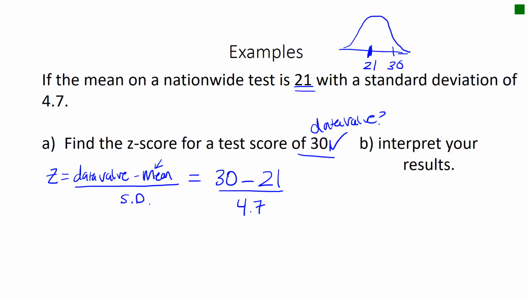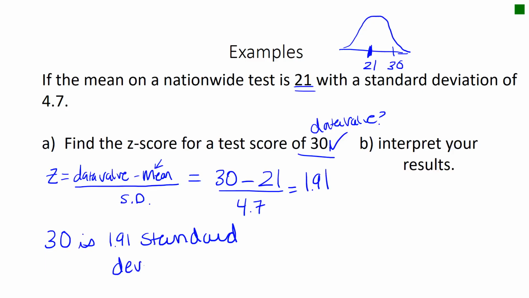Make sure that you subtract the numerator, get the result, and then divide by 4.7. Don't do it all in one step in your calculator unless you put the top in parentheses. 30 minus 21 is 9, divided by 4.7, and so that is 1.91. So that tells you that the data value of 30 is 1.91 standard deviations above the mean.